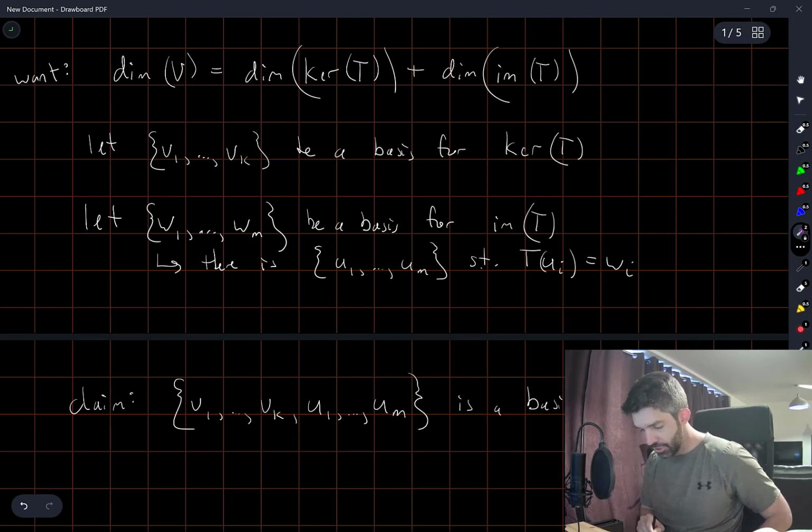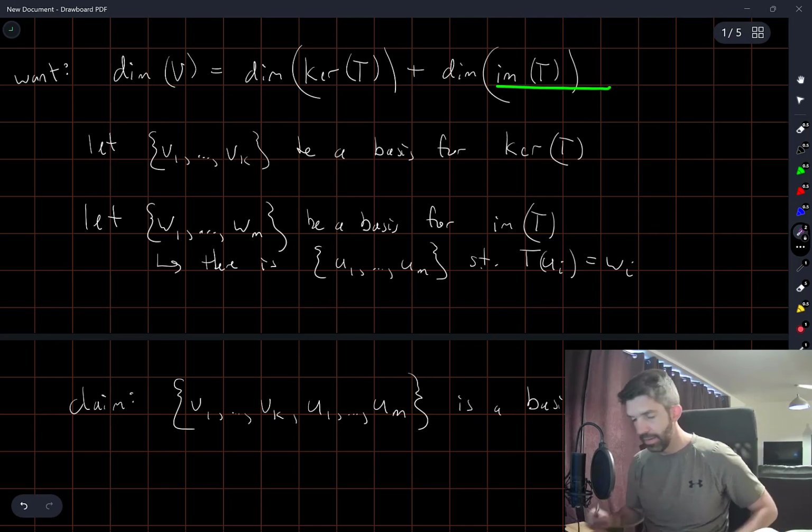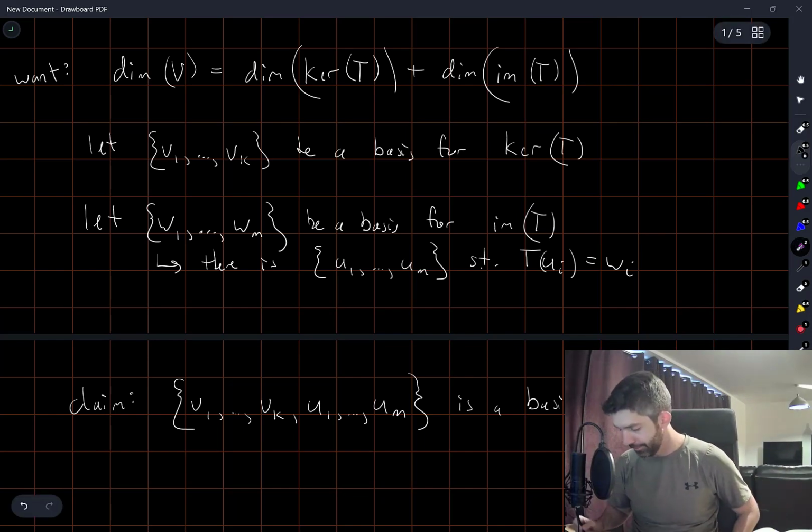And so if I can show that this is a basis for V, then I've shown that this equation holds, and the entire question will be done.